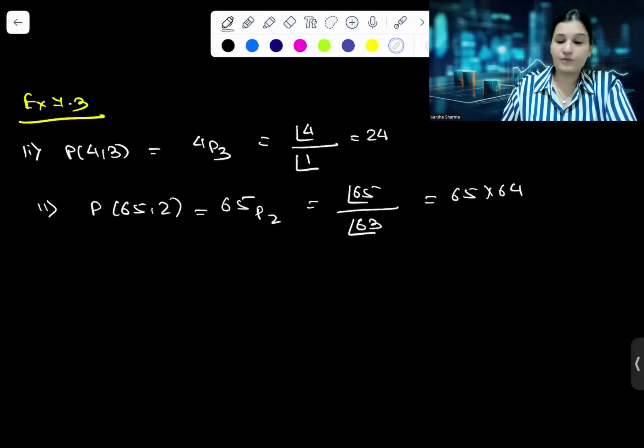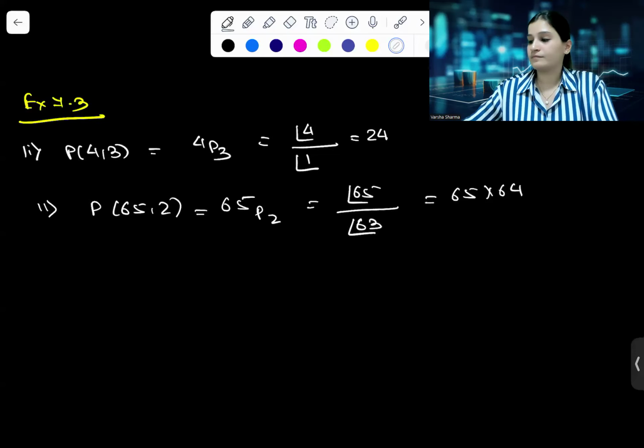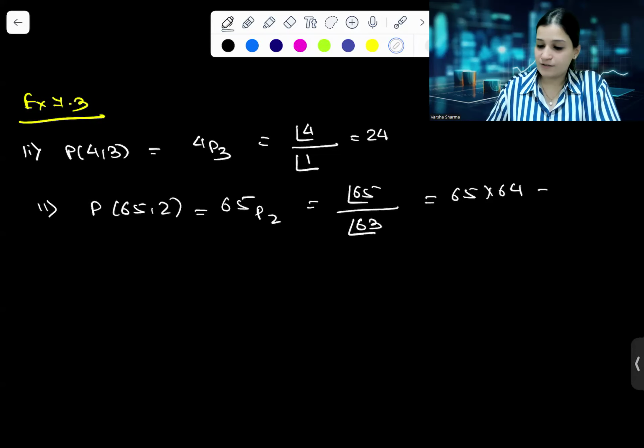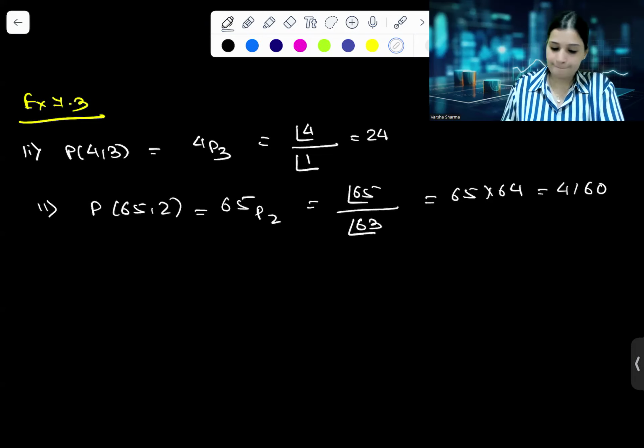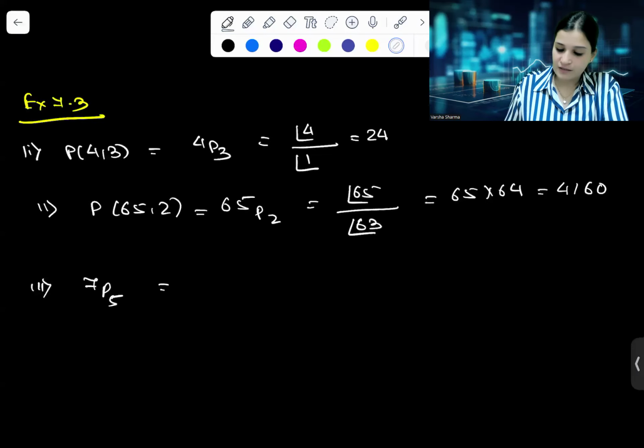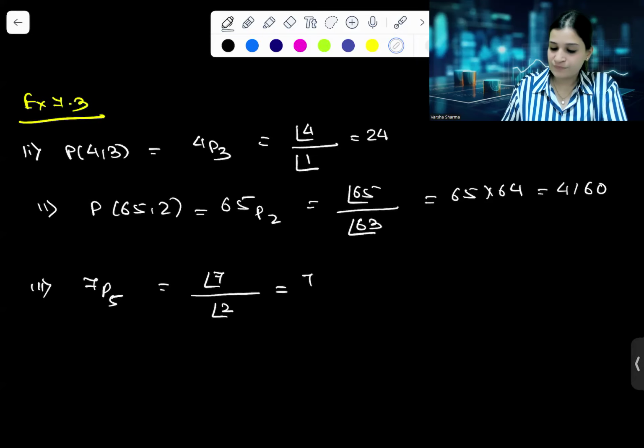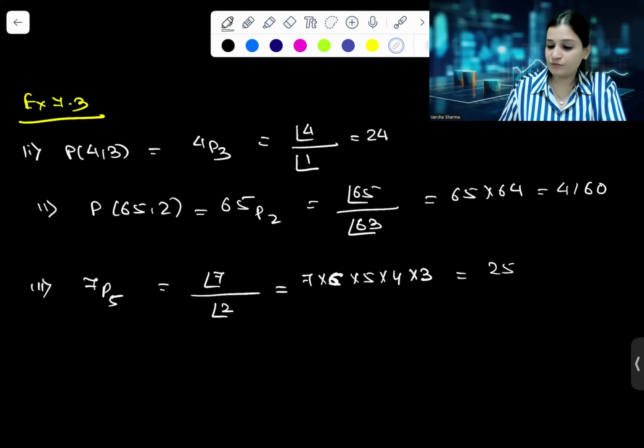Answer 65 into 64, which is 4160. Third, 7P5, factorial 7 upon factorial 7 minus 5, 2 factorial. 7, 6, 5, 4, 3, 2520.